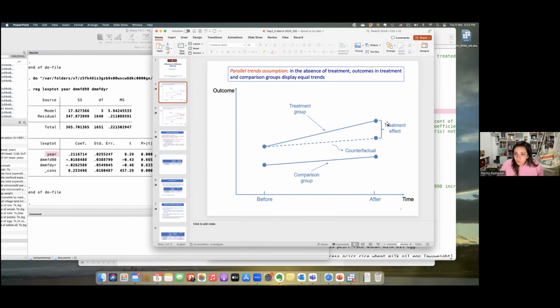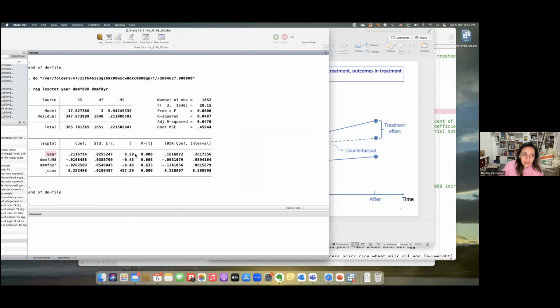Even without treatment, only by time, my total expenditure per capita increased simply because of the effect of time, independent of whether I am in the treated group or not. So the interpretation of this variable year, that it is positive and significant, is that being in year 98 increases the total expenditure per capita of the households. And we cannot say anything about the treatment.